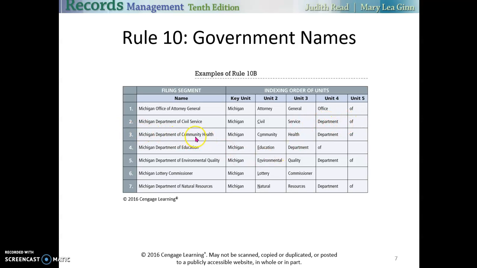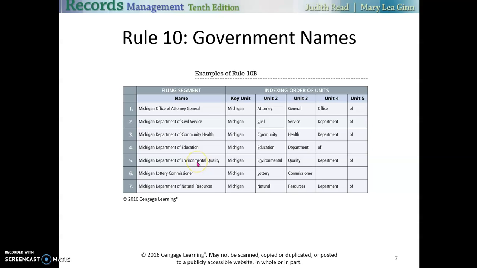Michigan Department of Community Health, key unit Michigan. Descriptive words describing the department, community, health, and then department of. Michigan Department of Education, Michigan, key unit. Education is description of the department, and then department of.